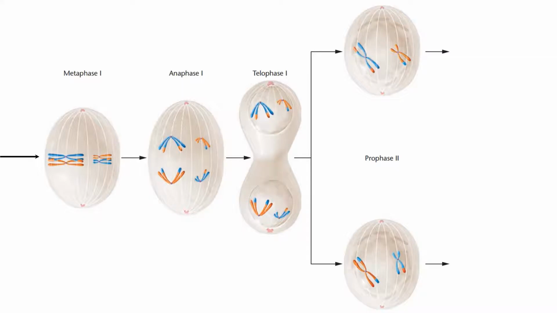And in anaphase 1, the spindle fibers that have attached to the kinetochores of each of these chromosomes will pull one homolog away from the other. So a homolog will go to one pole while the other homolog will go to the other pole.